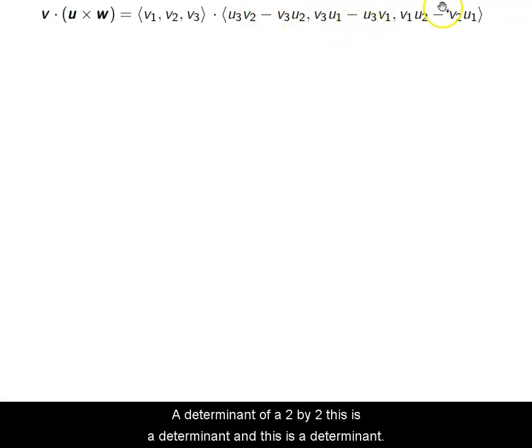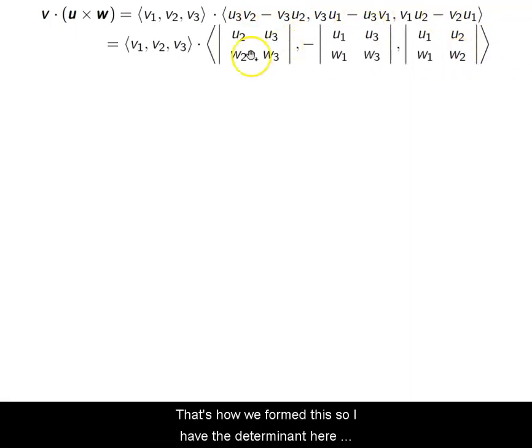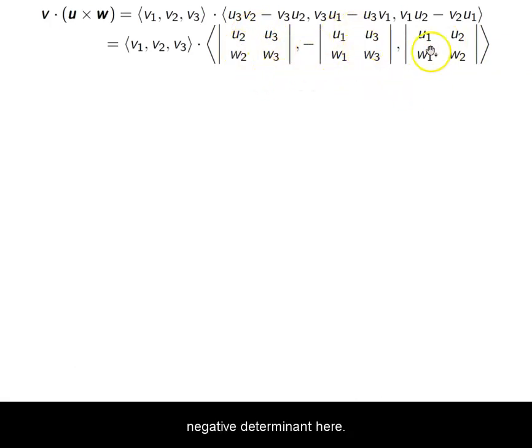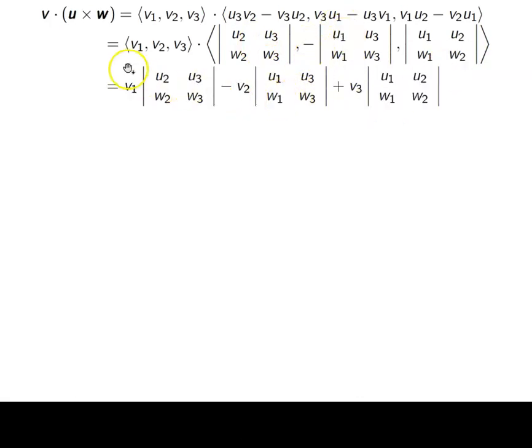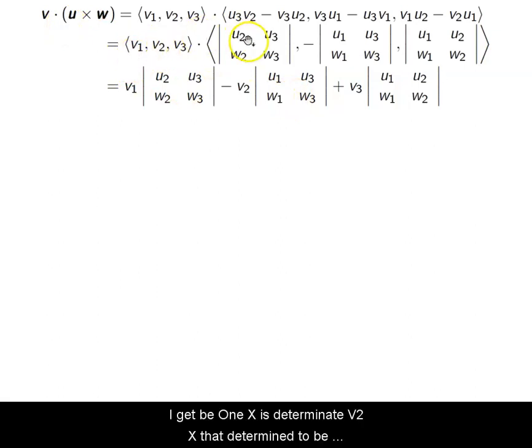This is a determinant, and this is a determinant, because that's how we form this. So I have the determinant here, negative determinant here, the determinant here, because this was i, j, and k, and j was negative in direction. So if I do the dot product, I get v1 times this determinant, v2 times this determinant, v3 times this determinant, and I add them all together. So plus, minus, plus.